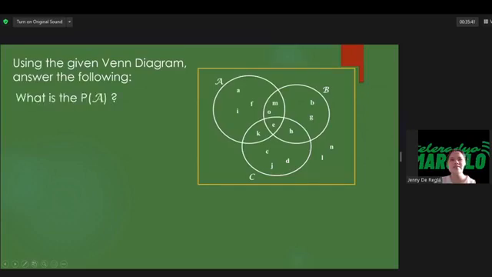Next, what is the probability of an event A?